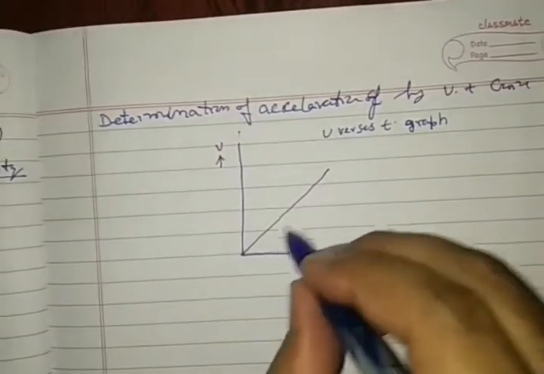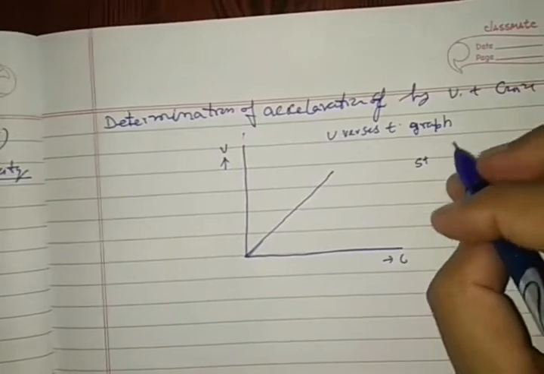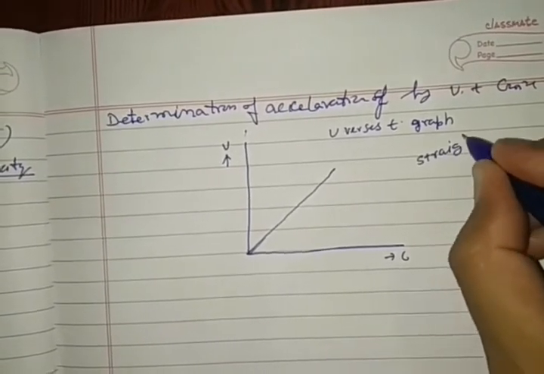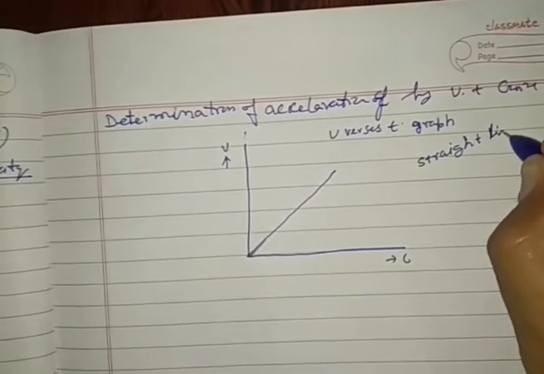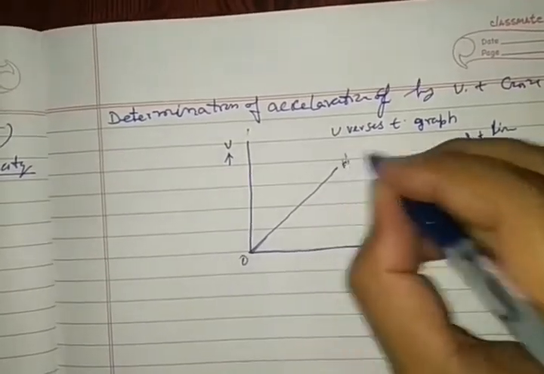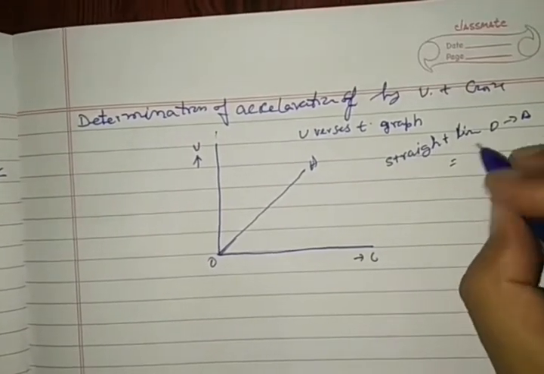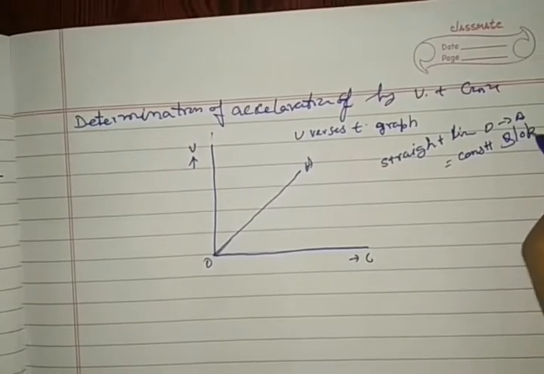If we obtain a straight line, straight line means, from O to A, constant slope.